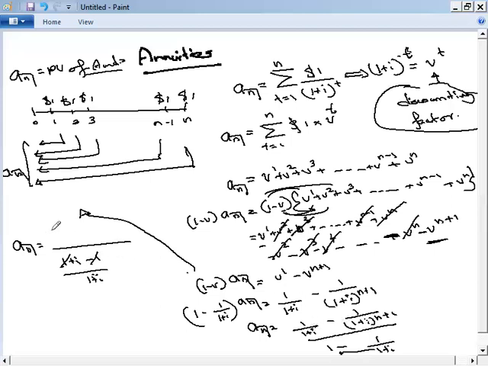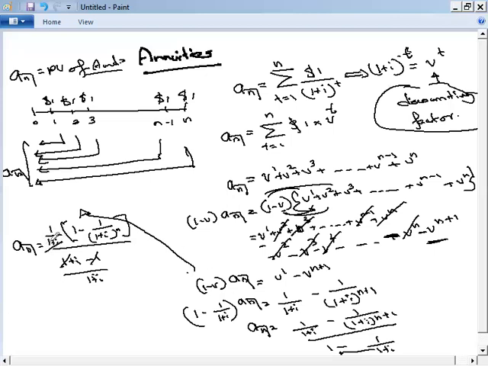If we take 1 plus 1 over 1 plus i out, we are left with what? 1 minus 1 over (1 plus i) to the power n, right? Here we have n plus 1 and we are taking the 1 over 1 plus i term out, so we are left with 1 over (1 plus i) to the power n.